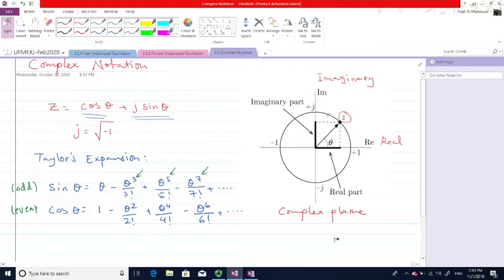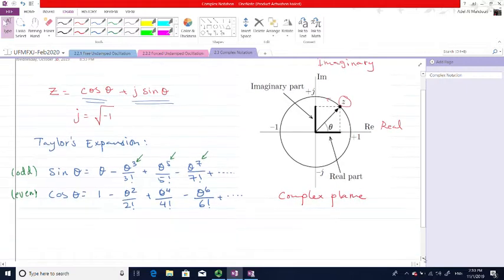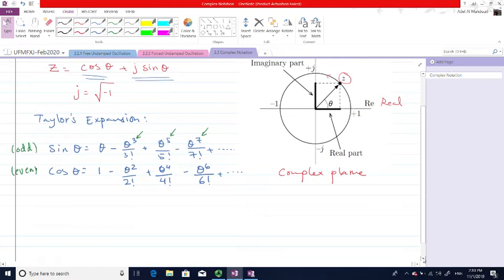Now we would like to find another expression of the complex number based on the sine and cosine Taylor expansions or series.